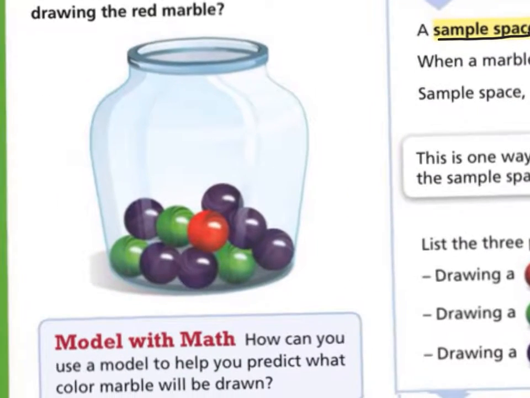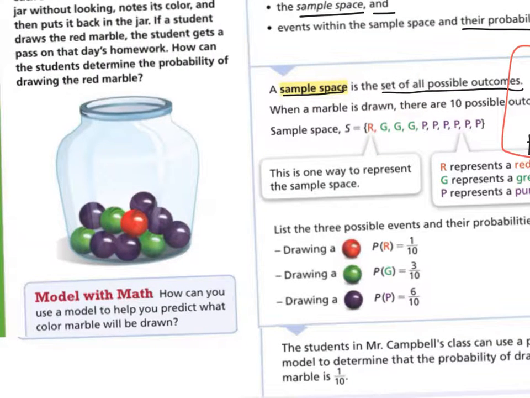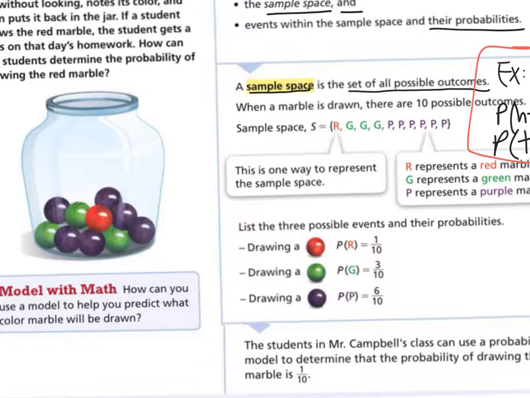So the sample space, those are the marbles. If you look at the sample space, they're abbreviating, but they do explain underneath here what their abbreviations represent. So we have 1 red, 3 green, and 6 purple marbles.